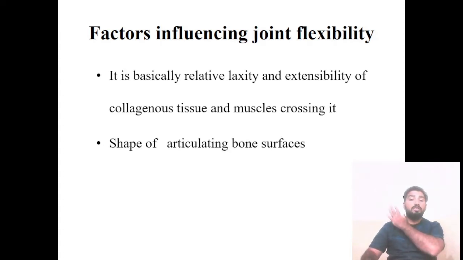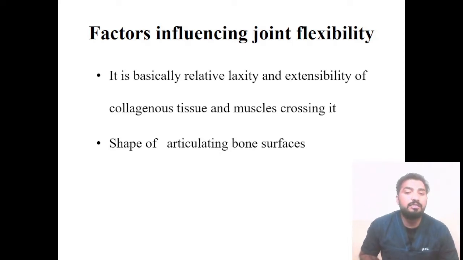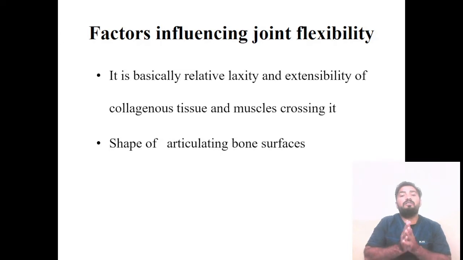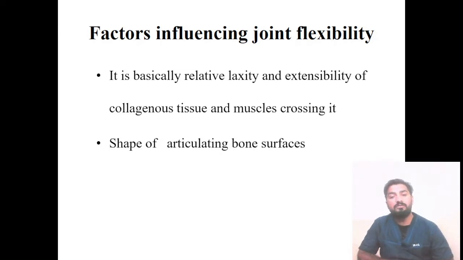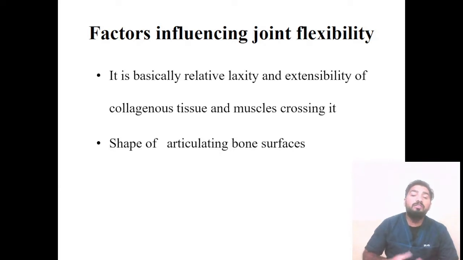If we talk about the shoulder joint, elbow joint, or the hip joint, there is a different level of flexibility in these joints because of their level of activity and the arrangement of the bones there.